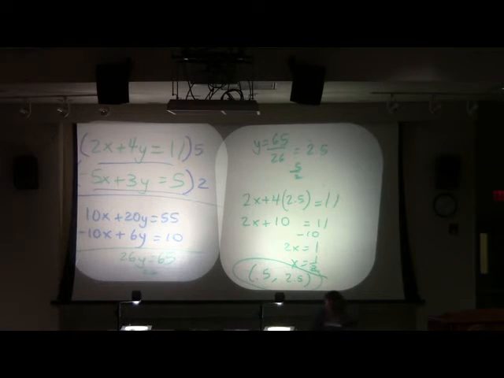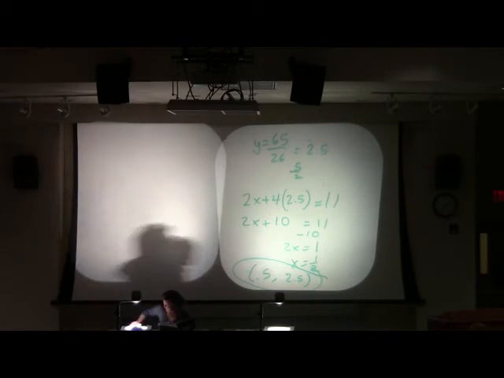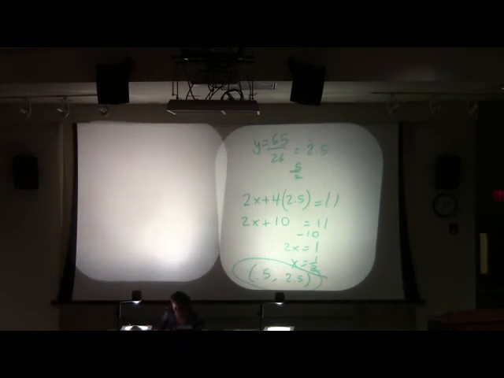So, let me show you an example of the other method. The other method is called the substitution method. Again, I won't tell you which of these two methods to use. I want you to use one of these two, okay?